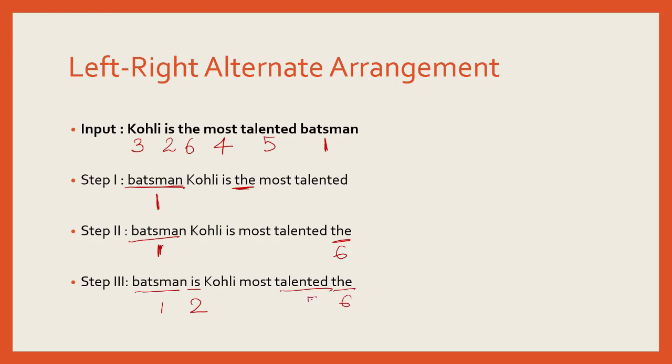Talented has to be 5th, and Kohli and most have already been arranged in that order. So not many steps were required here. As we can see, some of the words are already arranged in the order that we want it to be. Whenever this happens, mostly where the input string consists of words, the alphabetically first would be taken to the left side, and the alphabetically last are taken to the right side here.